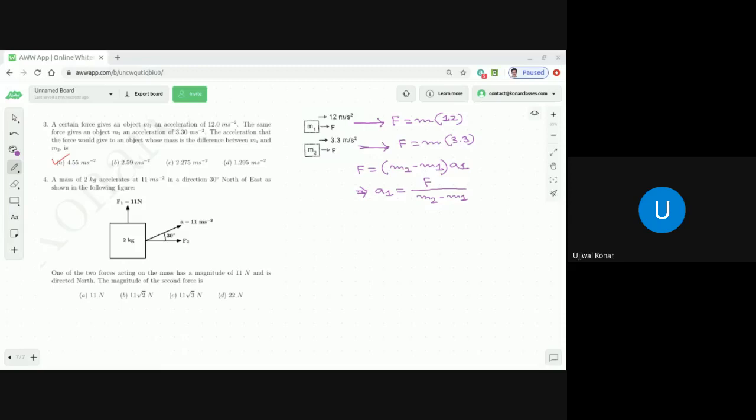Or you can write the other way, M2 and M1 in terms of F from these two equations. Give this as equation 1 and this as equation 2. So A1 is equal to F by 3.3 minus F by 12. If you compute all these things, you will get 4.55 meter per second square.